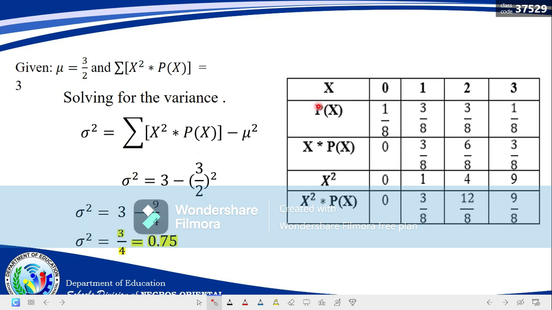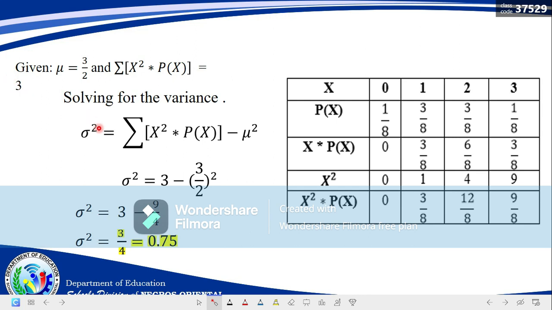So we have here the mean is 3 over 2, and the summation of x squared times p of x is equal to 3. So you got that.